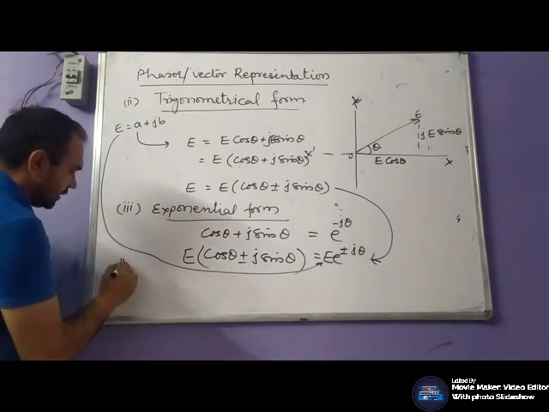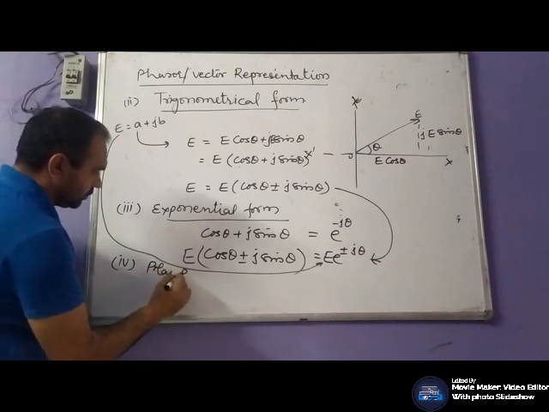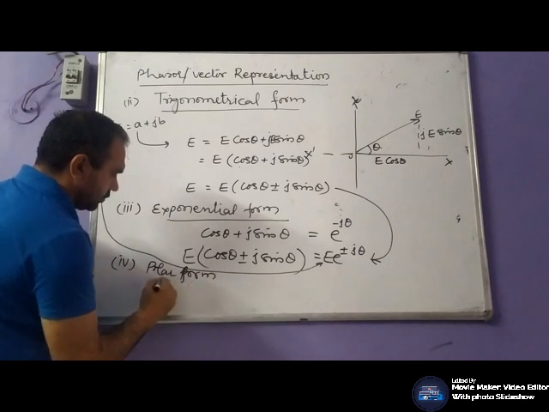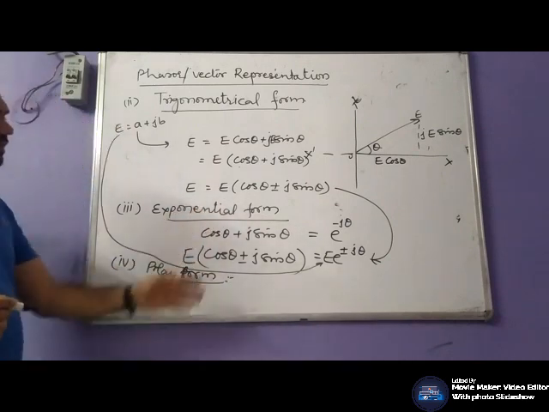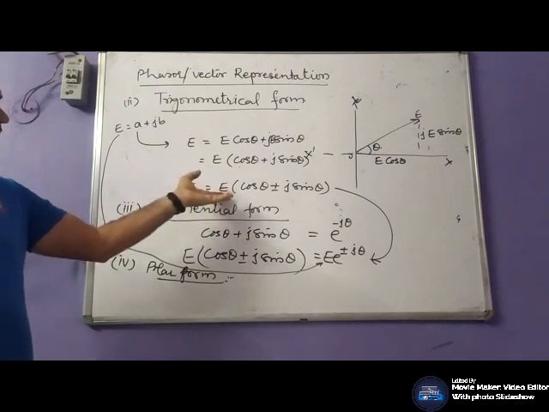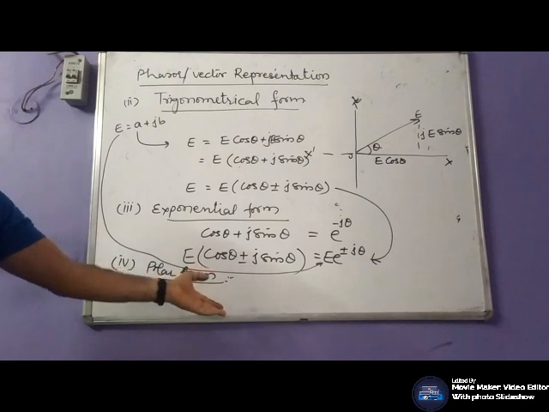Fourth is polar form. This is just representation of this trigonometrical or exponential form in terms of their magnitude and angle.